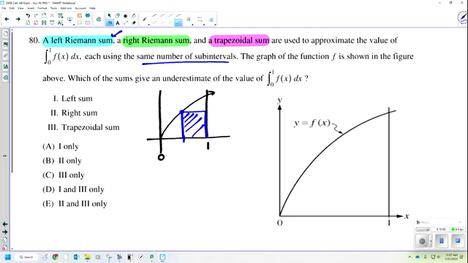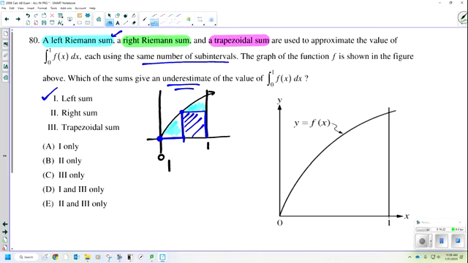And then this is the left corner. That's pretty much flat. So look at all this space that does not get included. Okay, that is definitely going to be lower than the actual area if I were to just do an integration. So which sum gives an underestimate? Well, this one definitely does. The left sum does.